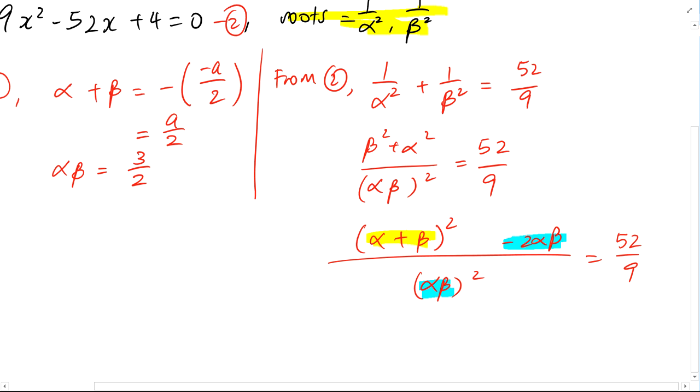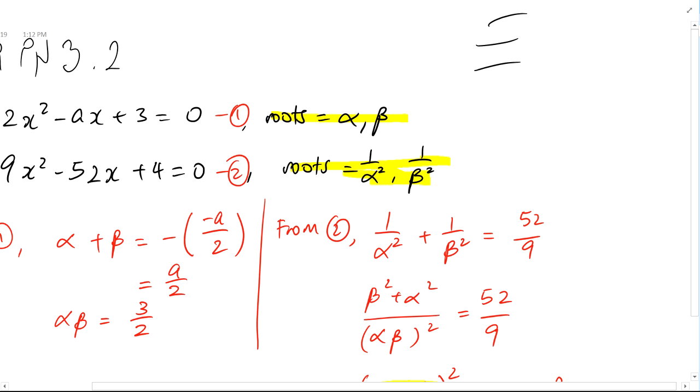Just to confirm, the alpha over here is the same alpha over here. It is the same question. They cannot use the same letter to represent different things. So when they say alpha in the same question, all the alphas are the same.